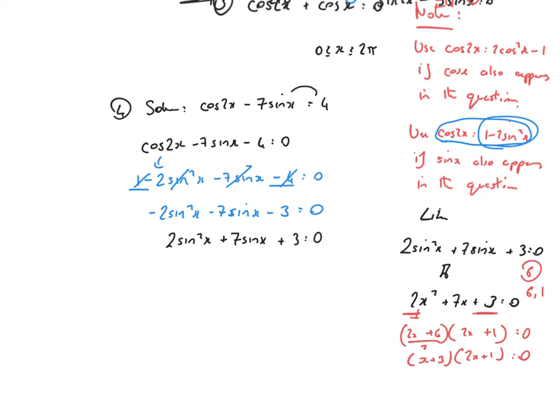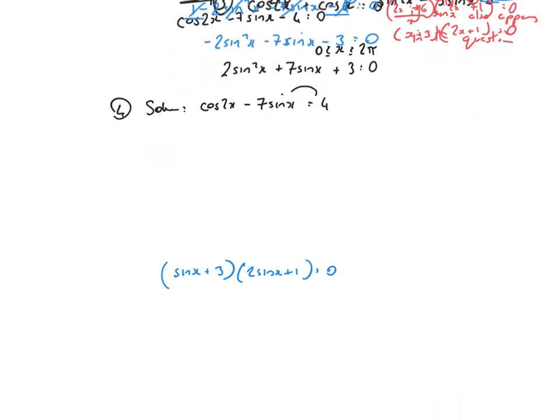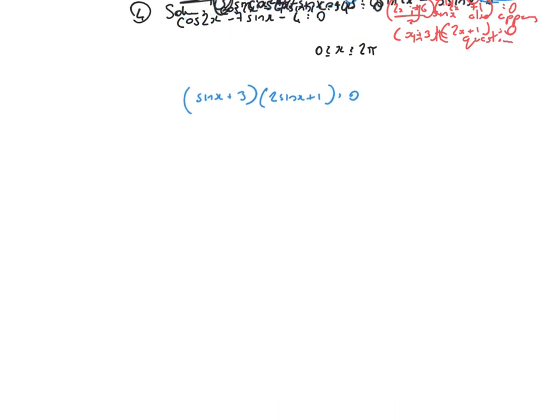So let's bring that back in, so it's going to be sin x plus 3 and 2 sin x plus 1 is equal to 0.